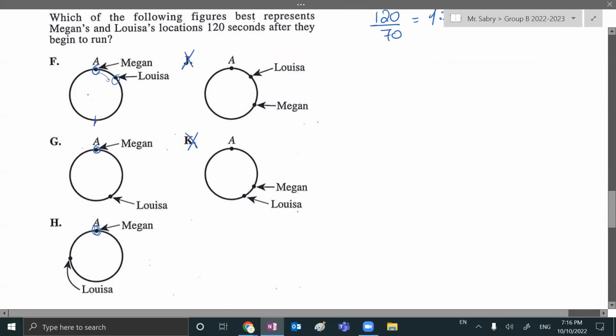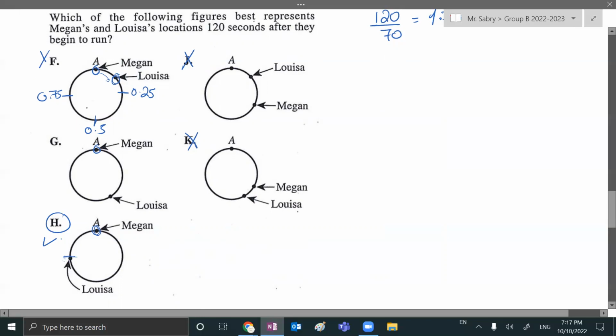This is 0.5 of a circle, this is 0.75, this is 0.25. So quarter of a circle, half a circle, 3/4 of a circle. If this is supposed to be 1.7, Louisa is supposed to be almost close to 3/4 of a circle. H makes more sense in this case, while F wouldn't.